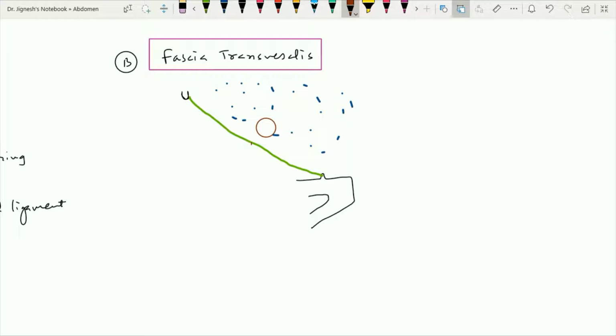This gap, which is present 1.25 centimeter above the mid-inguinal point, is called the deep inguinal ring. And this one is the lateral end of the inguinal canal, and this is deeply situated within the fascia transversalis. That's why it is called the deep inguinal ring. And for the reference purpose, let's draw the superficial inguinal ring here.